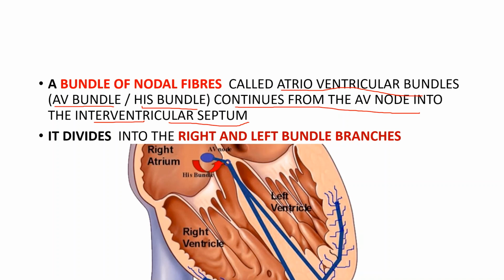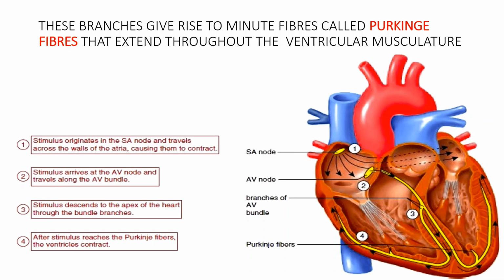It divides into right and left bundle branches. So you can observe the AV node passes downwards as the bundle of His, which divides into right and left bundle branches. These branches give rise to minute fibers called Purkinje fibers that extend throughout the ventricular musculature.